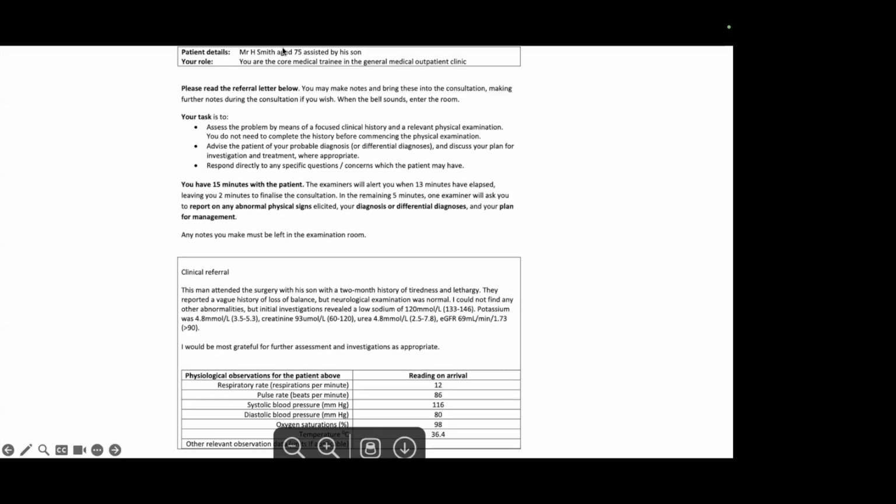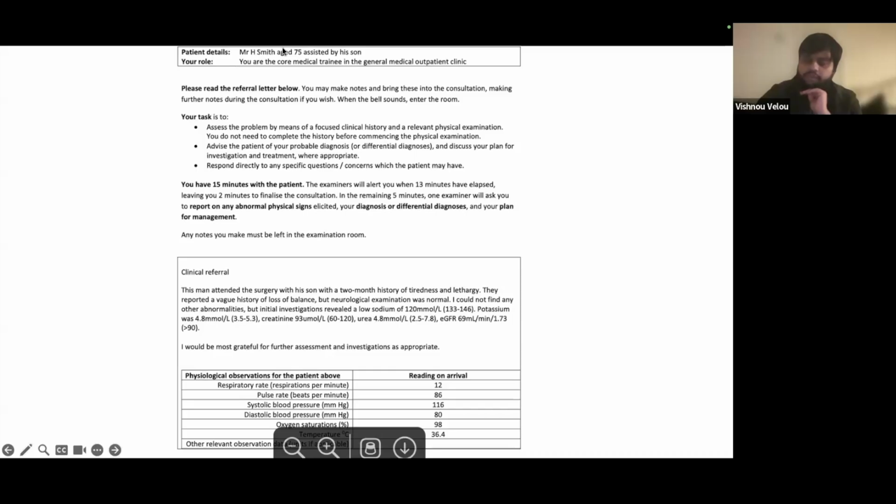There can be many different causes for this, and a very low level can affect how people walk, so he might be more unsteady on his feet, and it can also sometimes cause some memory issues as well. But we need to find out why it's low. We'll probably get some scans for him as well. Does that make sense so far?